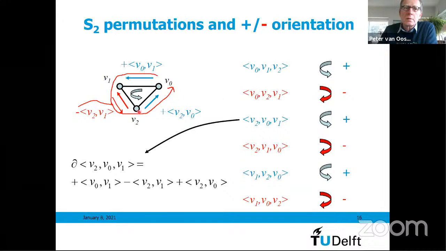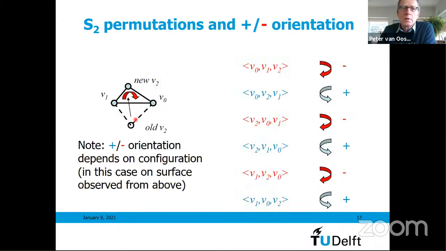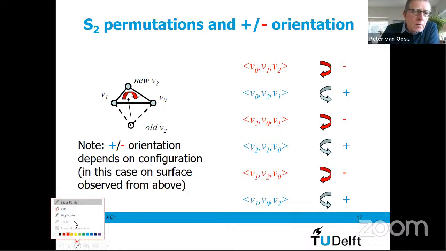So this was the first one. Now it is moved to the new position upwards, and you see also that all these orientations are different. So V0, V1, V2 is going like this, which is clockwise, which is negative. And so now it's red.